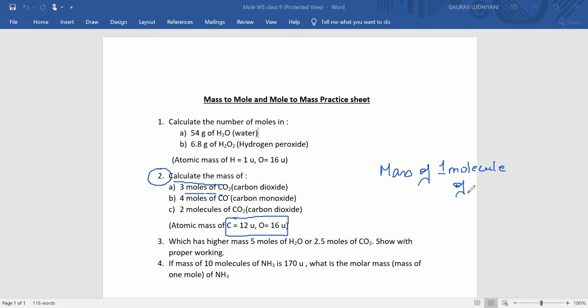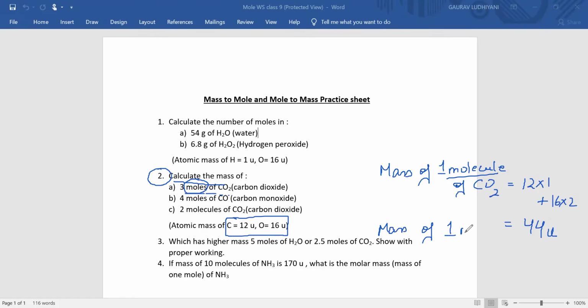I can always calculate this in my head. So that's 12 into 1 plus 16 into 2 gives me 44. Then I see, oh, it's one molecule only, so I take it as 44 u. Then I realize that the question is playing in moles. So mass of 1 mole of CO2.